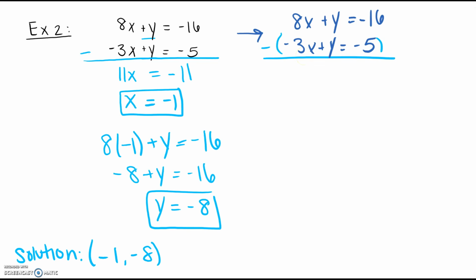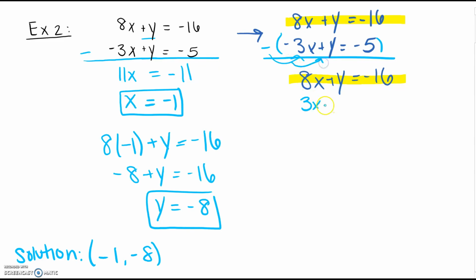So I'm going to rewrite my top line just like it was. 8x plus y equals negative 16. So I didn't change anything, these are the same. But now I'm going to distribute, so negative times a negative is a positive, so I've got a positive 3x, a negative y, and a positive 5.